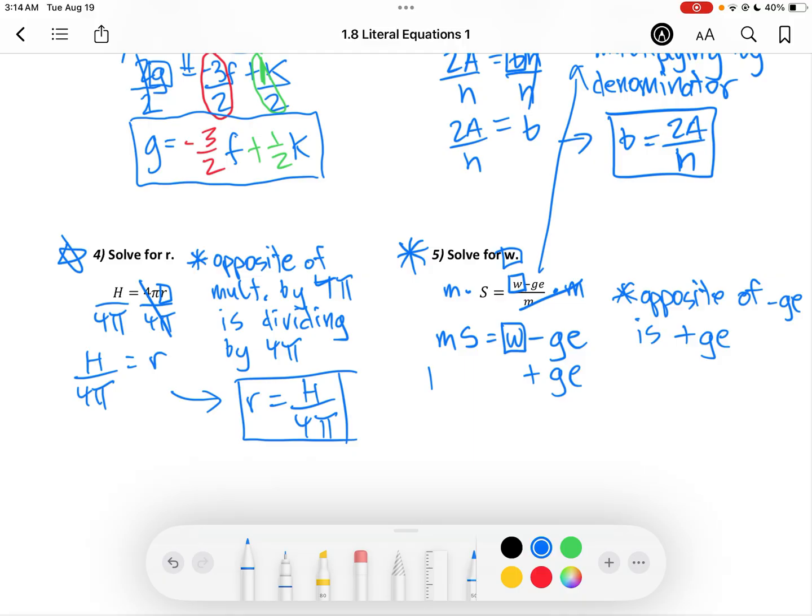But what I do to one side, I got to do to the other. So that cancels out. And we're left with W is equal to, and MS, G, and E, they're not like terms. So we're going to start by writing the MS first and the positive GE after. And then because, like I said, I'm particular, I like my variable to come first that I'm isolating. I got W is equal to MS plus GE.